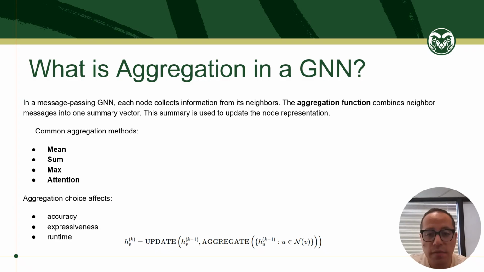The aggregation function is the rule used to combine those neighbor messages into a single summary. Different aggregation methods preserve different types of information, so this design choice can affect both model accuracy and computational cost.